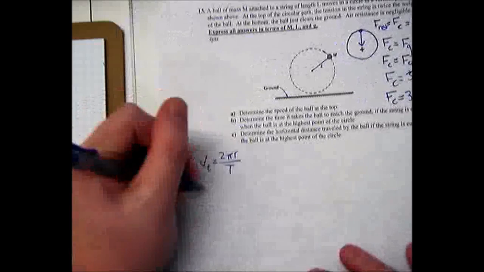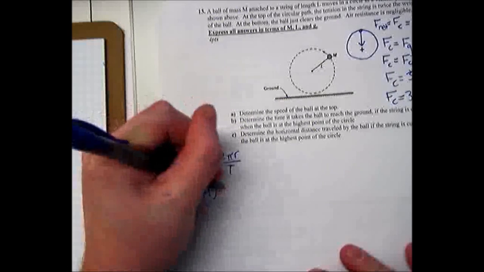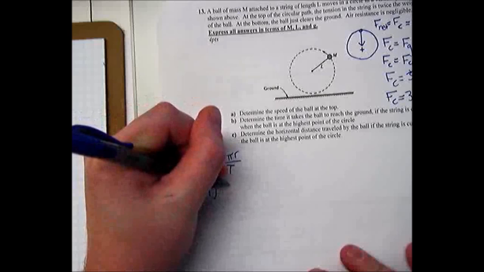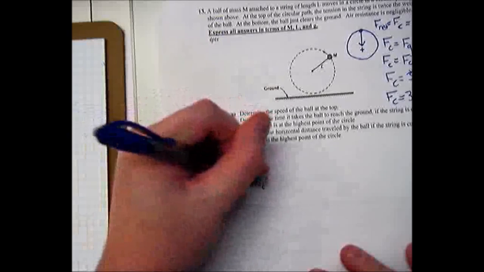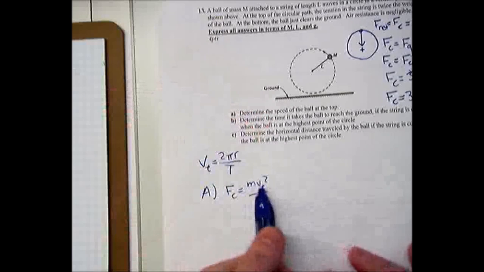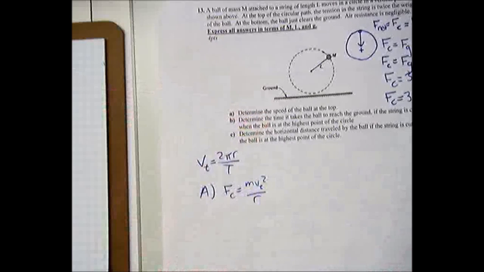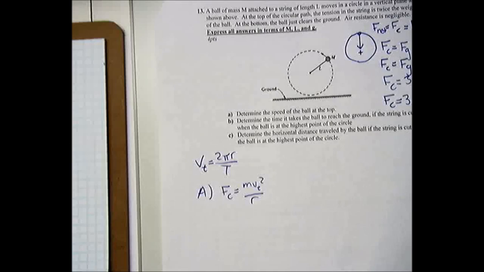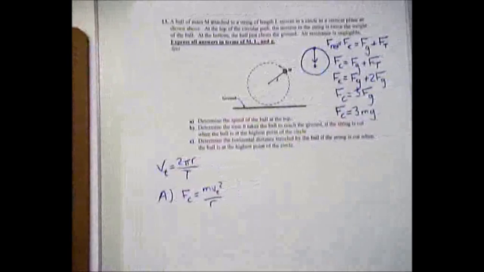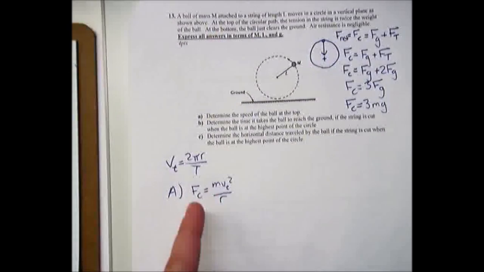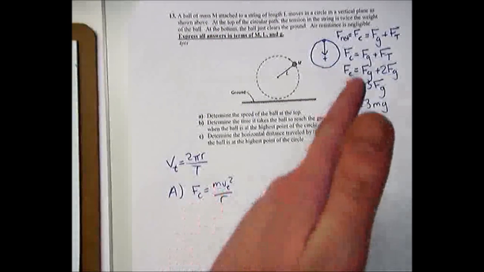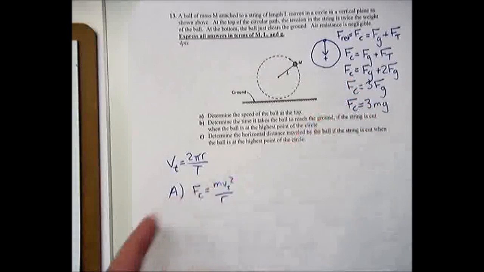Coincidentally, Fc is equal to m vT squared over r. We have vT in another equation, the centripetal force equation. It's also in centripetal acceleration. So we have centripetal force equal to m vT squared over r, but we also have the magnitude.